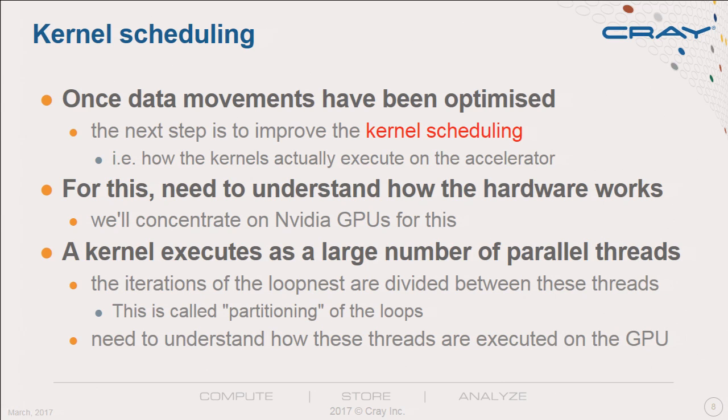That's short, fast. Now to come to the next point: after you introduced your kernel, you optimized your data movements, what we did yesterday, we want to also now optimize the scheduling of the kernel, and therefore we need to understand how the hardware works. Vasilos already gave an overview of how the hardware looks.